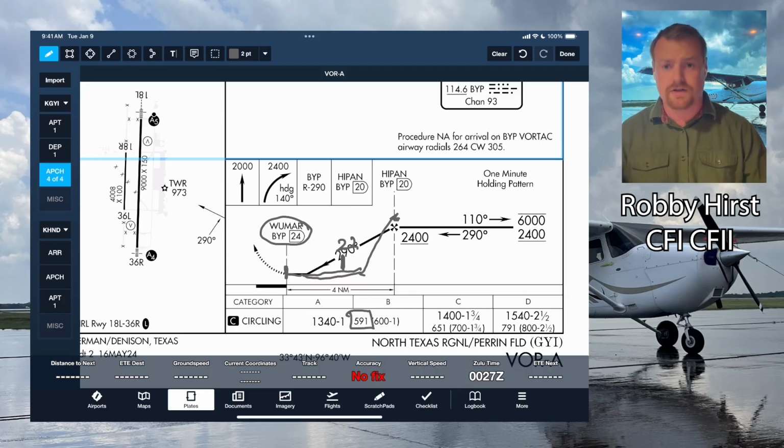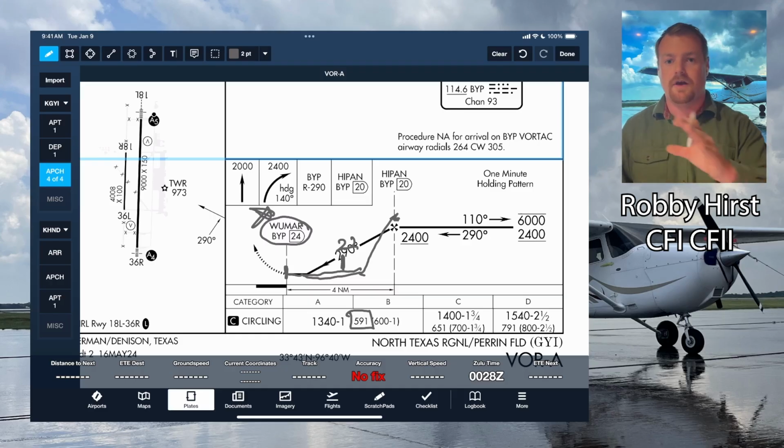You can start climbing for the missed approach at any point. You can only start your turns after you cross the defined missed approach point. So you fly down to that MDA, you're uncomfortable with the approach, you can start climbing back out on your missed approach instructions, but you can't make any turns until after you cross the defined missed approach point.